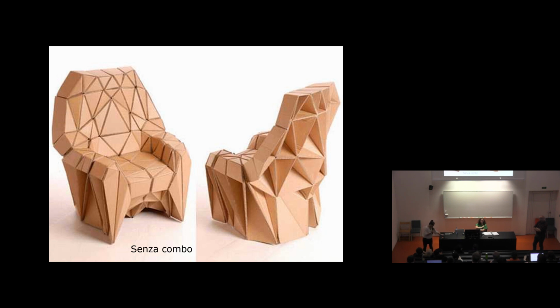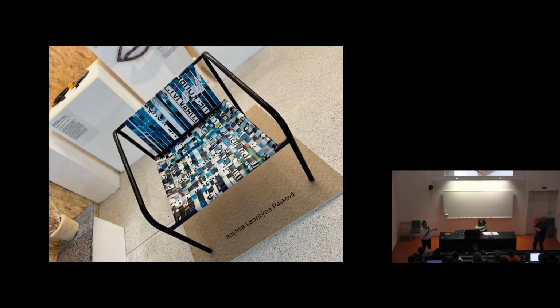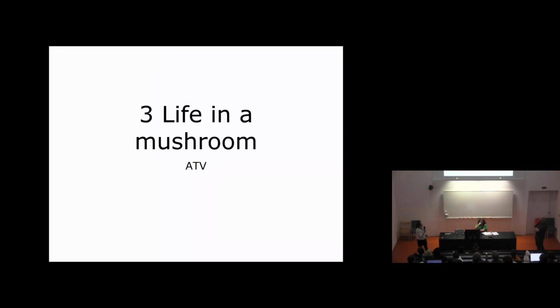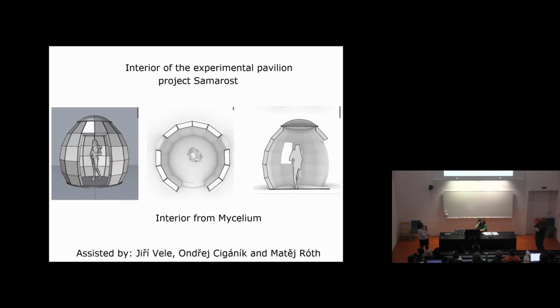So our first task is doing the paper and working with it as it is, as paper. The second task is to put the mycelium inside and design interior with paper with mycelium. This is the one. And we would like to equip a small pavilion, which is not existing, but it's been quite designed so far.